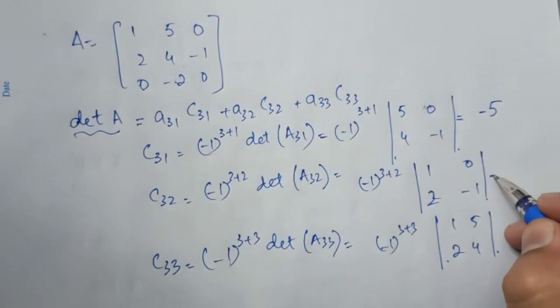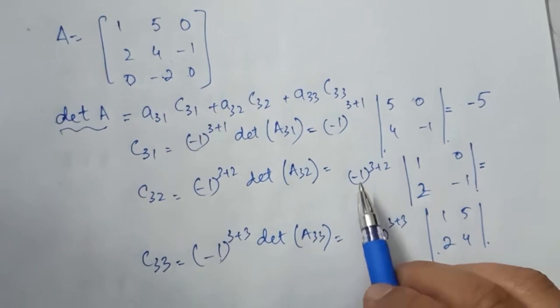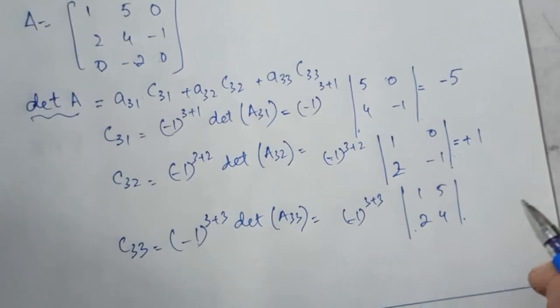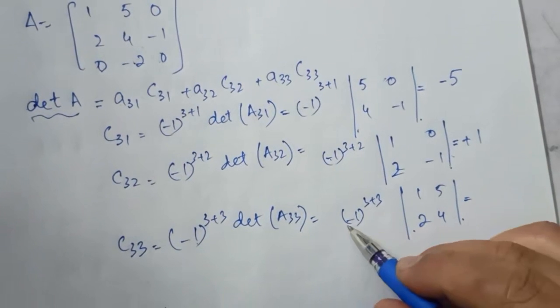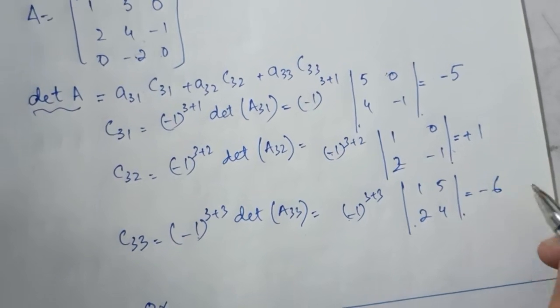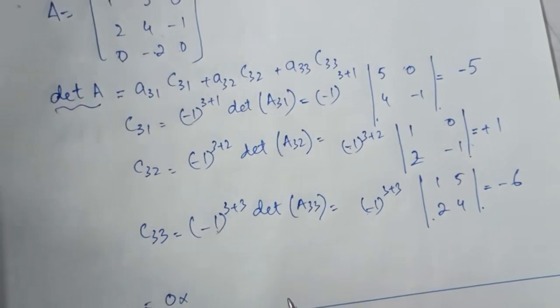This thing here becomes a minus sign, so minus 1 and 0 again. This becomes plus 1, and this becomes 1 to the power 6, which is positive, so 4 minus 10 is minus 6.